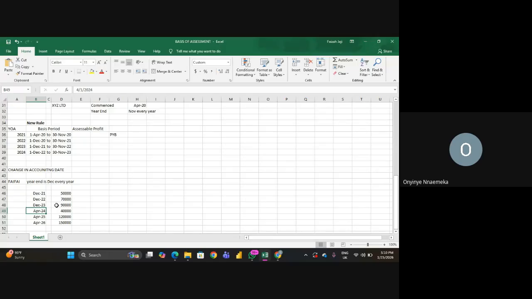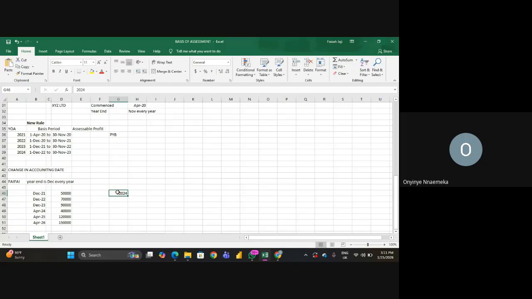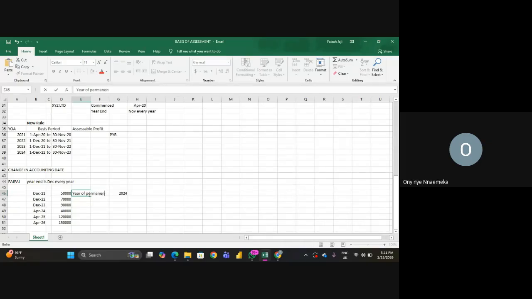So your year of permanent change is now going to be 2024. That's it. So the year of permanent change is now going to be 2024.